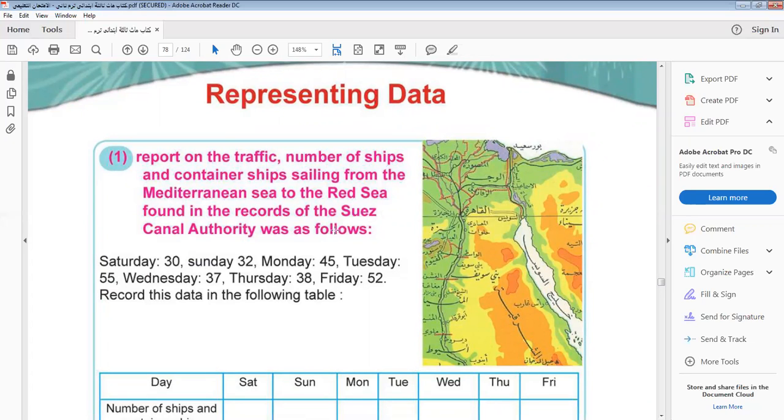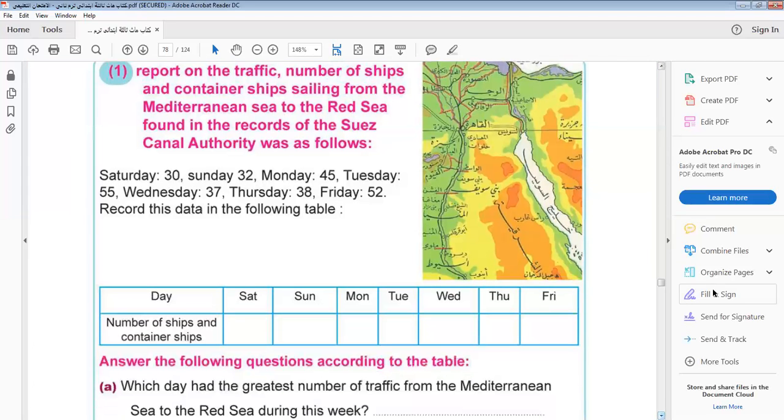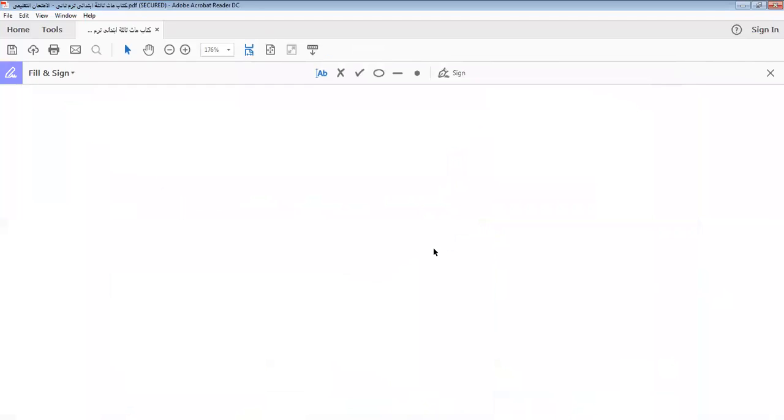The records of the Suez Canal Authority were as follows: Saturday 30 and Sunday 32, Monday, that is the data you have. Imagine that is the number of ships that pass through the canal, and you will put them inside the table you have here.